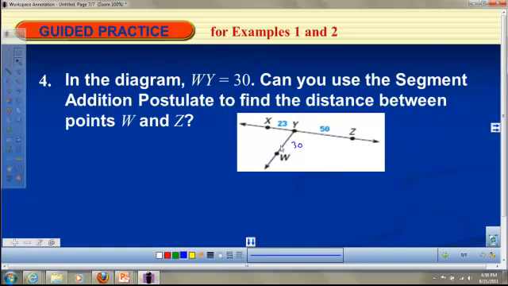Well, not really. If we were to go around it, we would say, oh okay, from here to here it's 30, from here to here it's 50, but that doesn't make this equal to 50 plus 30. So since we don't know what this distance is from here to here, we can't use the segment addition postulate. We can only use it when they're all on the same line.